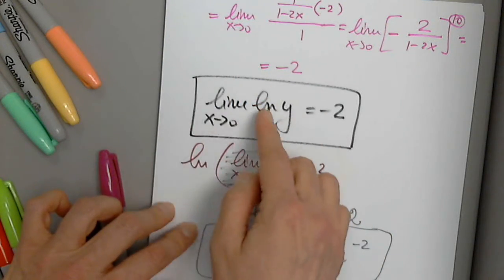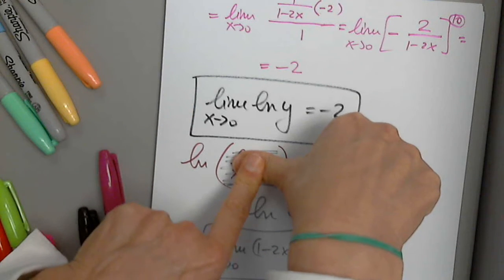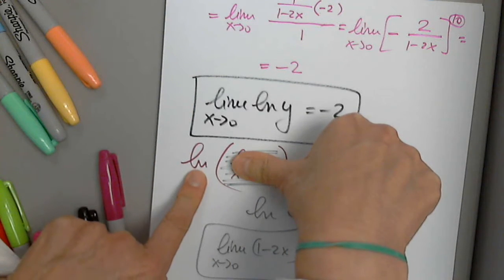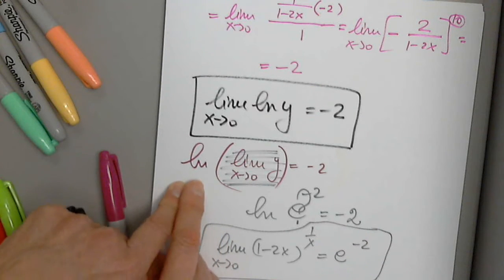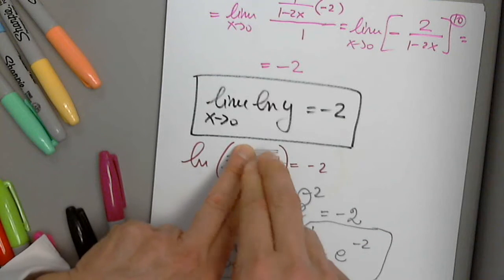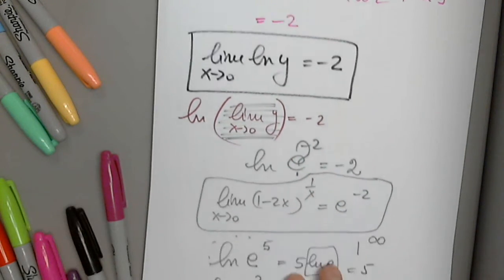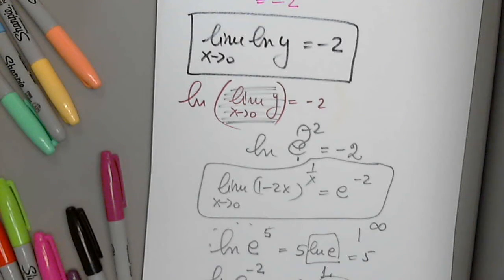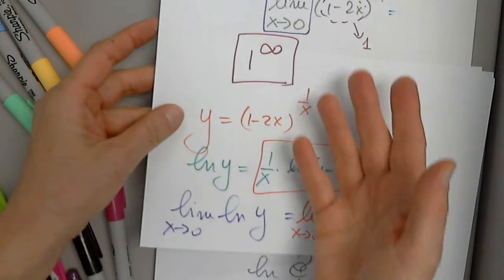I put the natural log outside and the limit inside, and I was saying this is what I'm after, not this. But it was easier to determine the limit of the natural log first, and then come up with a correct answer, to say this cannot be anything else but e to the negative 2. So that's how we got e to the negative 2. We had so many different steps here.